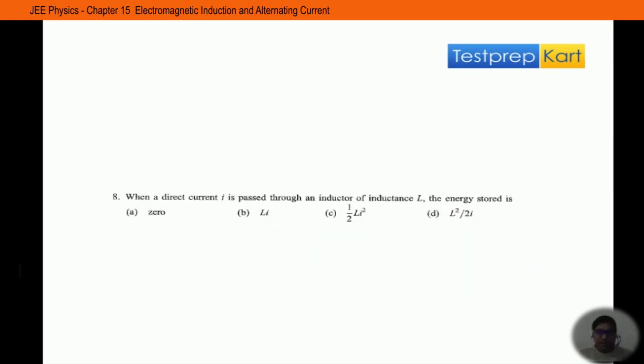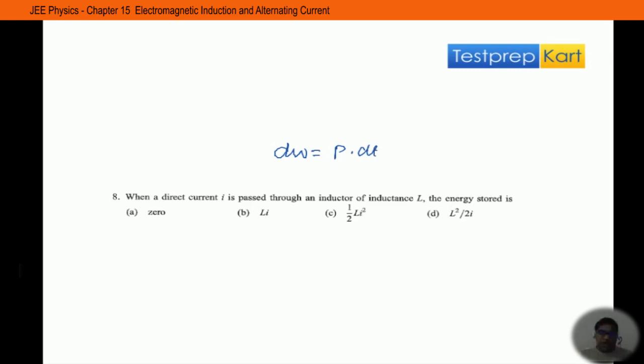Let's see next one. It is saying when current I, a direct current I passes through an inductor of inductance L, then energy is stored. Okay. So we all know that energy is equivalent to work done if we can calculate the work done. So we can write that work done is equals to power into dt.